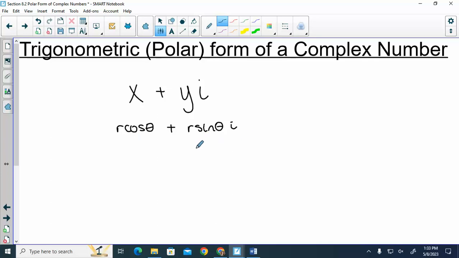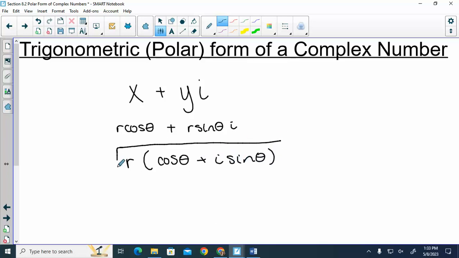What do both of these have? We have the theta and they both have the r as well. So if you factor out the r, you get cosine theta. I'm going to write it as i sine theta. This is the polar form, or the trig form.